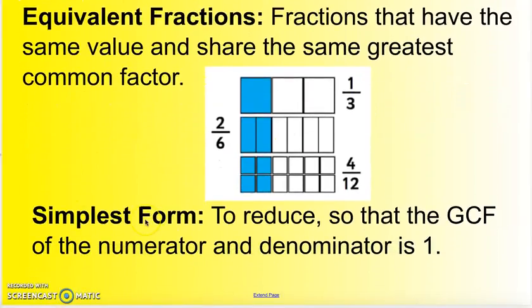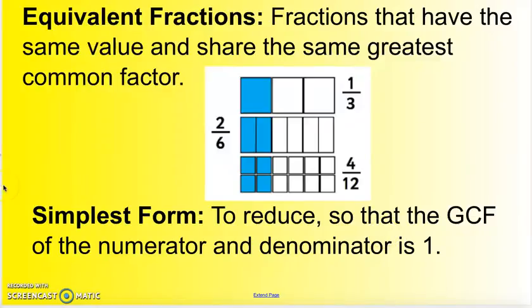Now, simplest form, which we're going to be doing today, is basically to take a fraction and reduce it. So like 4/12, I can actually reduce this down to 1/3 by finding a greatest common factor that 4 and 12 share. And I'm going to show you how to do that in just a moment.